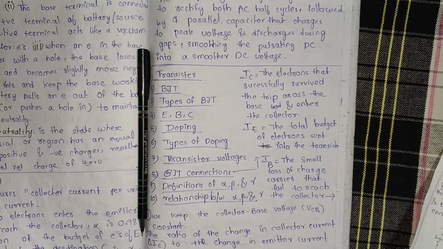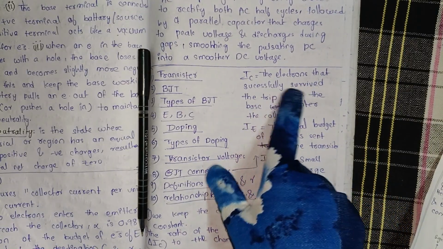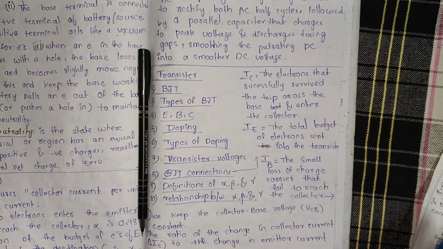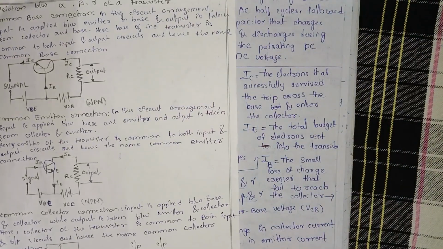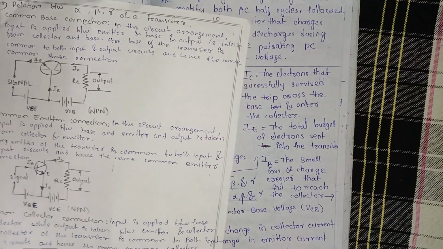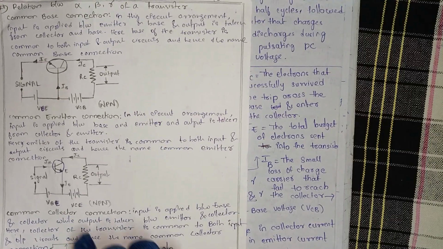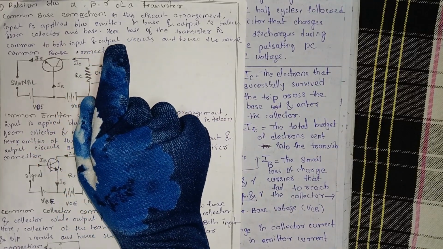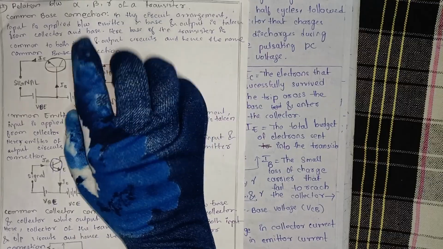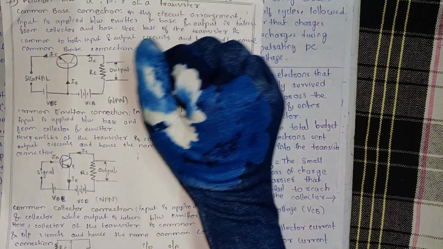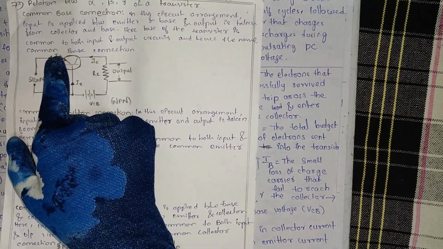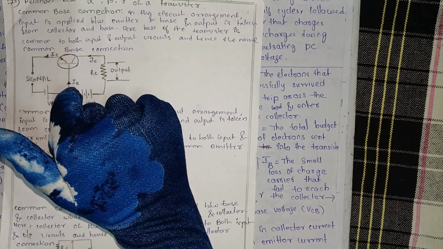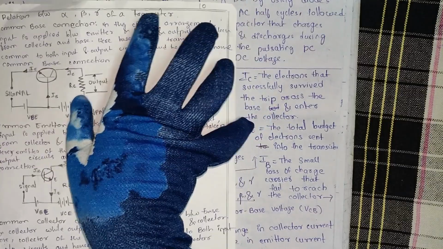So IC current is the electrons that successfully survived the trip across the base and entered the collector. Here is the emitter. The electrons always flow from emitter to base, we know. Why are we saying successfully survived?